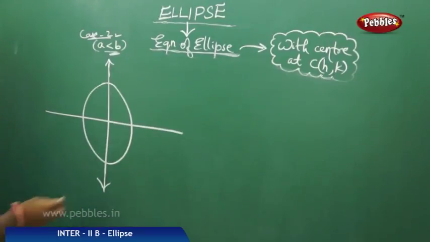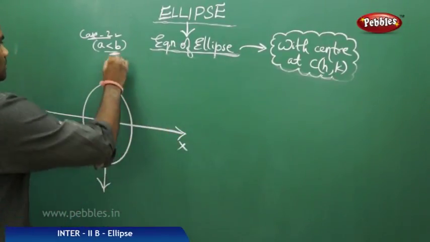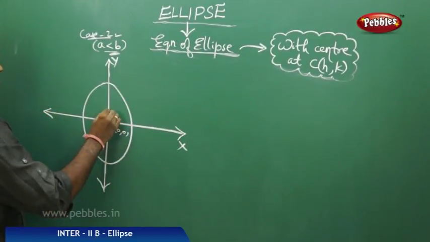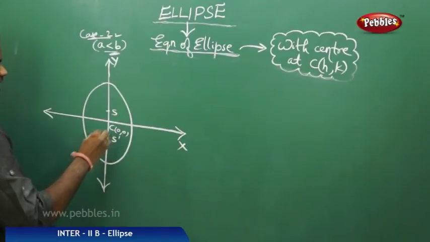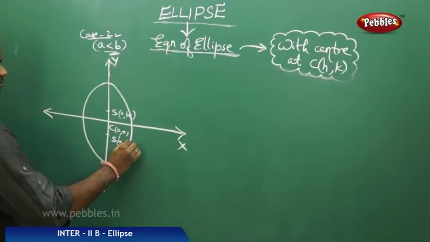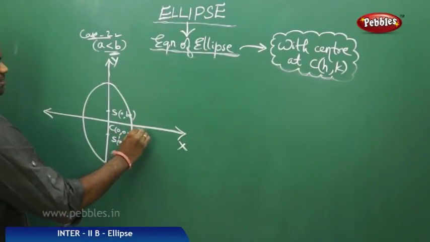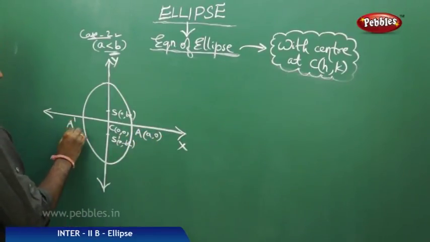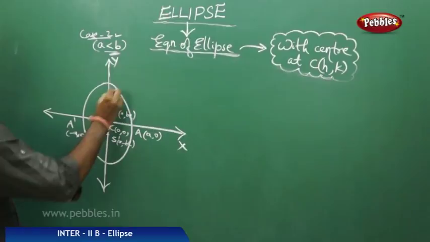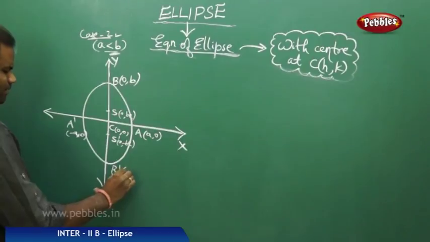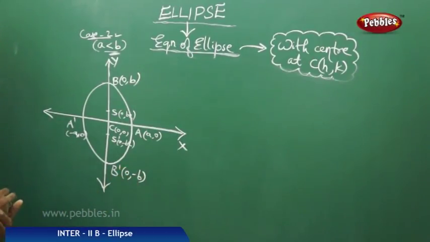Now in this case of an ellipse, I have the center as origin and my foci S and S dash, which are given by (0, b) and (0, minus b), and A which is (a, 0), and A dash which is (minus a, 0), and B which is given by (0, b), and B dash which is (0, minus b).